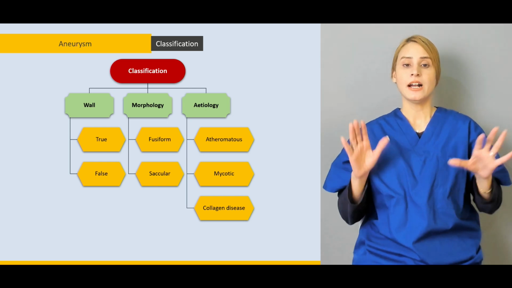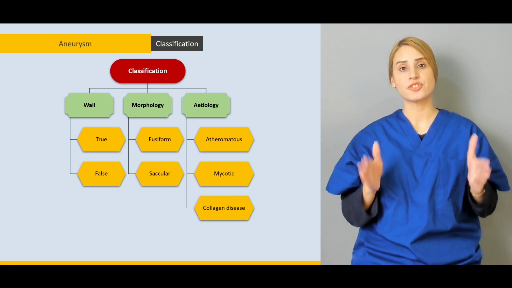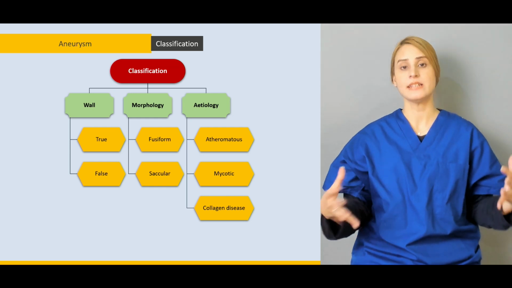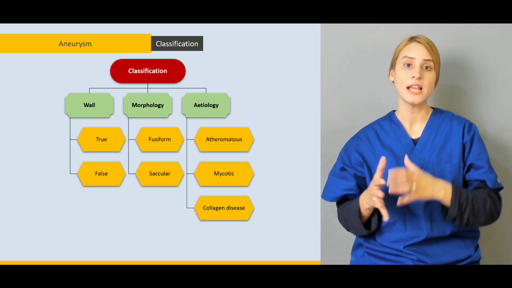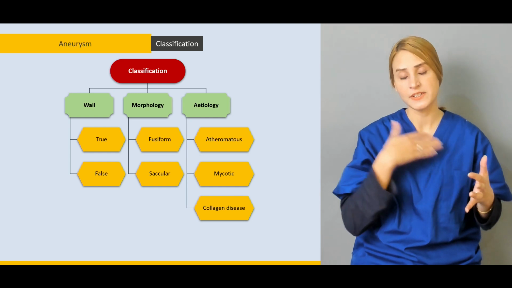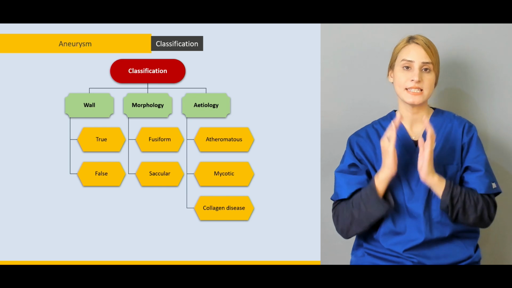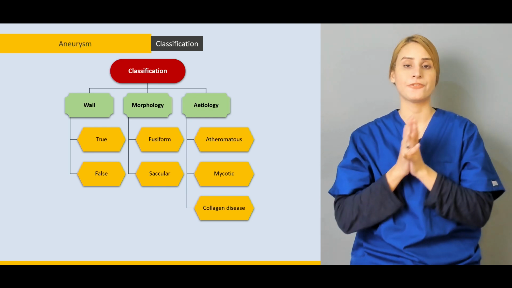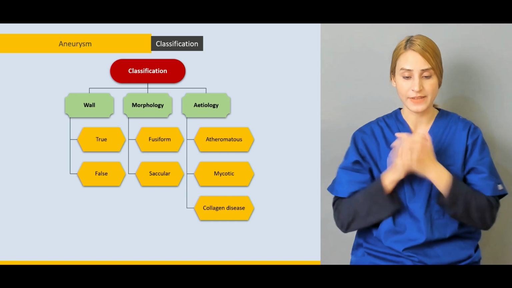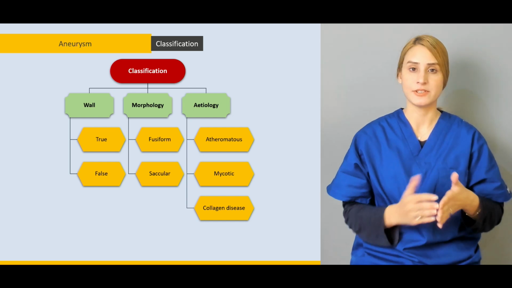So actually, you should remember that the classification is broadly categorized into three types, one depending on the wall, if it's a true wall or a false wall. So the true wall is the one which contains all the three layers of the vessel, like intima, media, and adventitia.